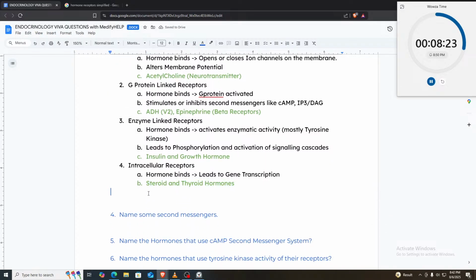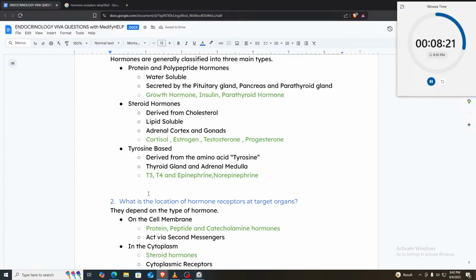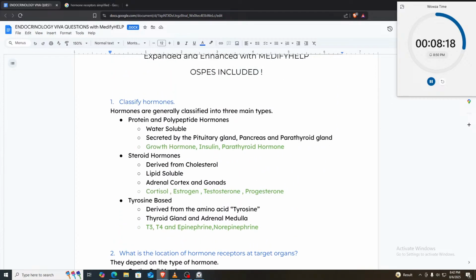Okay. There should be a way to remember the types of hormones, right?